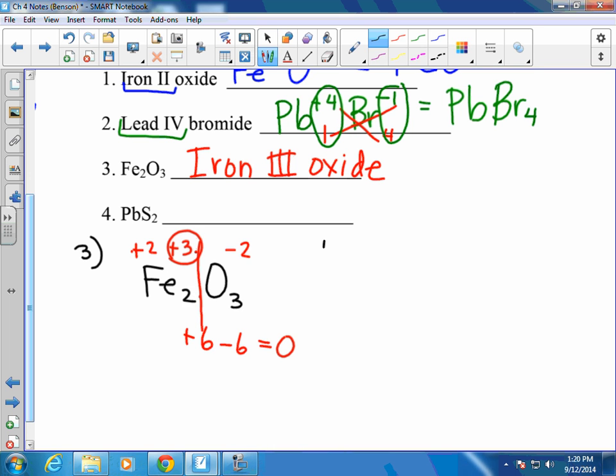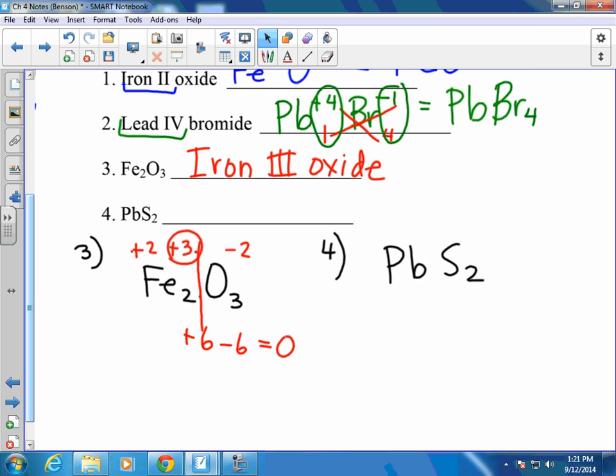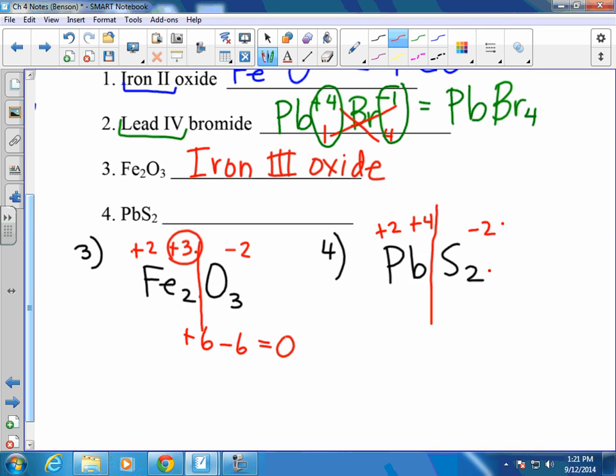Let's try another one, number 4. So we have PbS2. Remember, the little trick is divide it cation to anion and then write down all the charges. So lead has either a charge of plus 2 or plus 4. Sulfur is minus 2. So when I do my math, 2 times negative 2 is negative 4. I have to have that equal to 0. Well, it's understood right here that this lead is a 1.